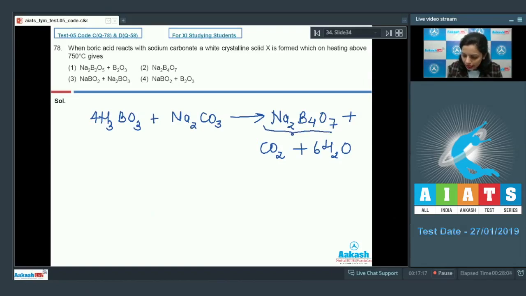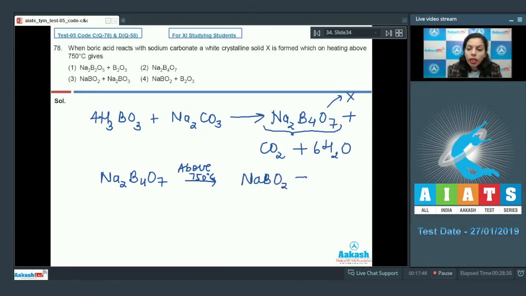This would be the final product that you obtain. This is a white crystalline solid, so this is our X. Now on heating above 750 degrees Celsius, it gives you NaBO2 along with B2O3.